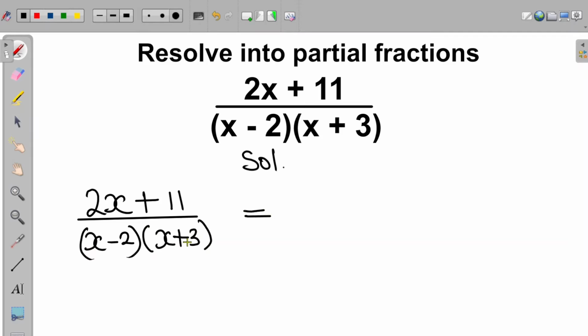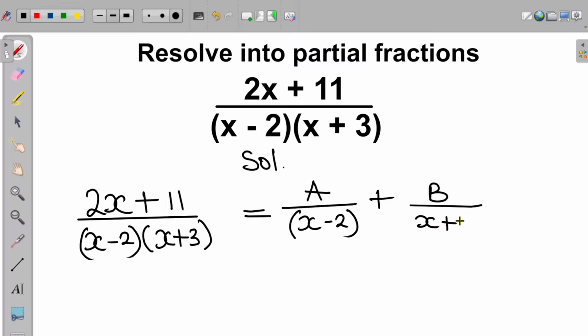Since the expressions in the denominator are linear factors, the compound fraction is resolved into the form A divided by (x - 2) plus B divided by (x + 3).